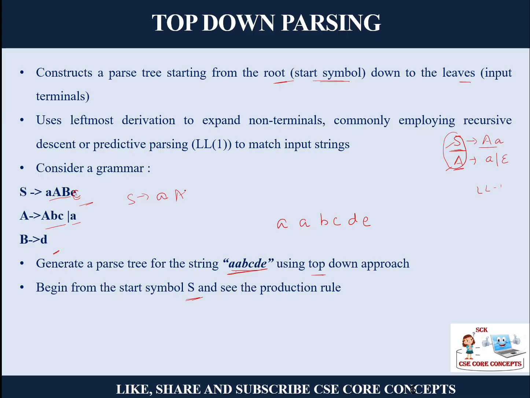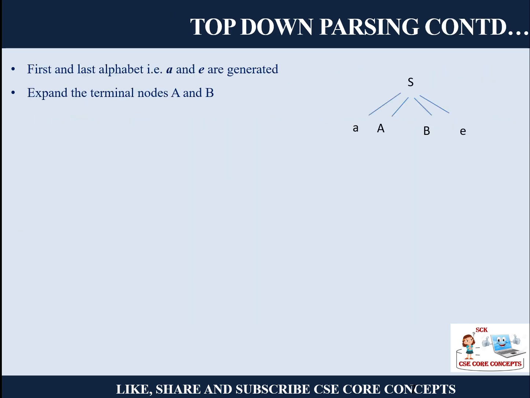A, capital B, and E. Now, if you compare this production rule and this input string, the first symbol is matching, yes, and the last symbol is matching, yes. So let me expand this production rule. This is my root node, and I am expanding A, B, E.